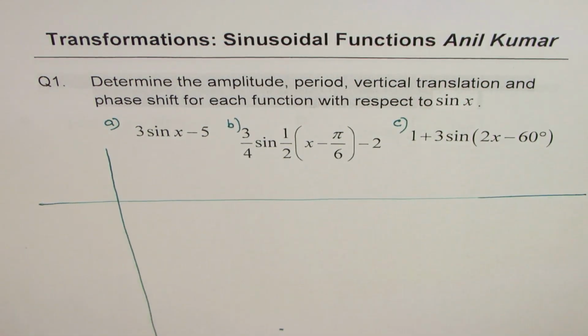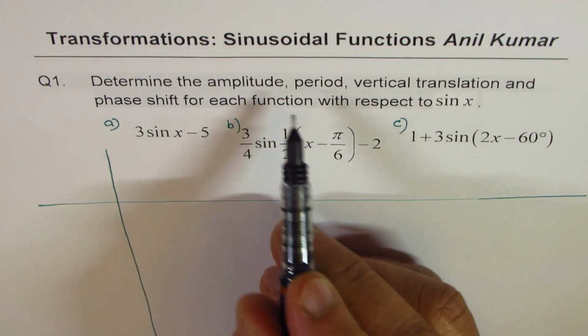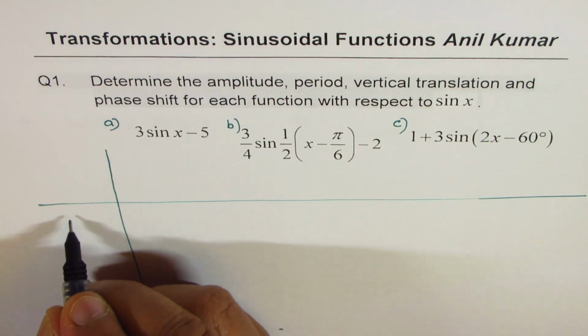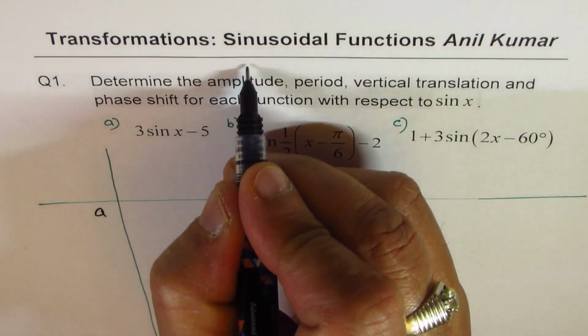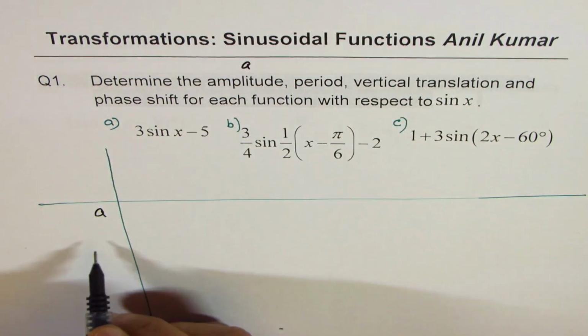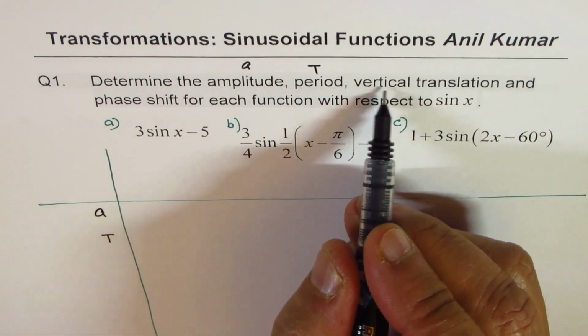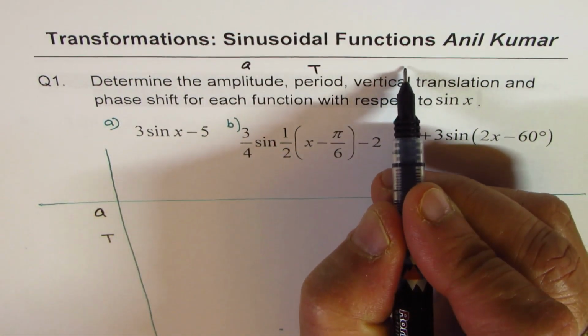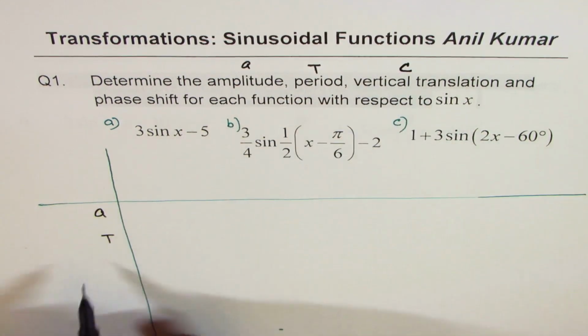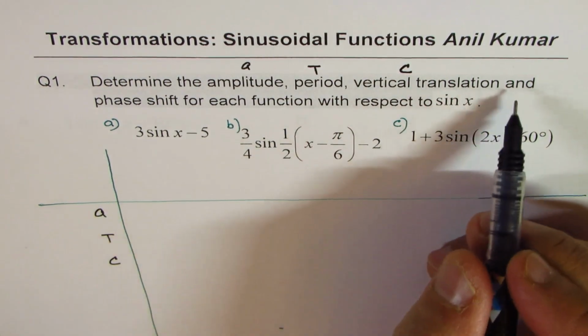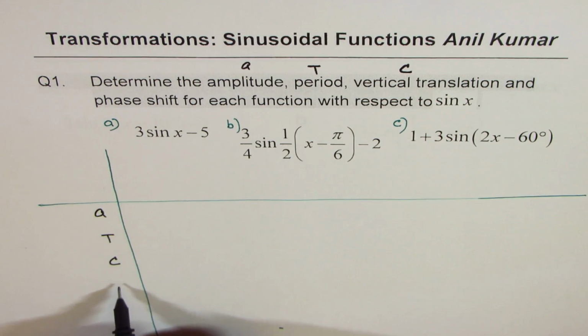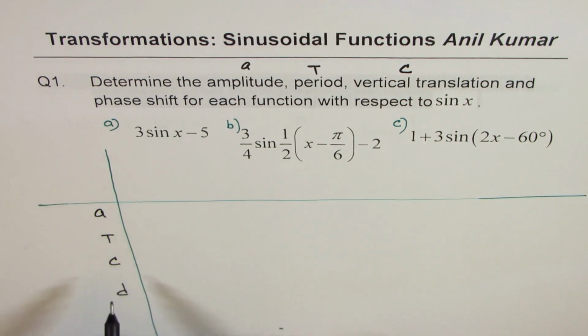So we want to know amplitude, so I'll write A for amplitude. Period, I'll write T for period. Vertical translation, let me write letter C for vertical translation. And phase shift, I'll write letter D for phase shift.